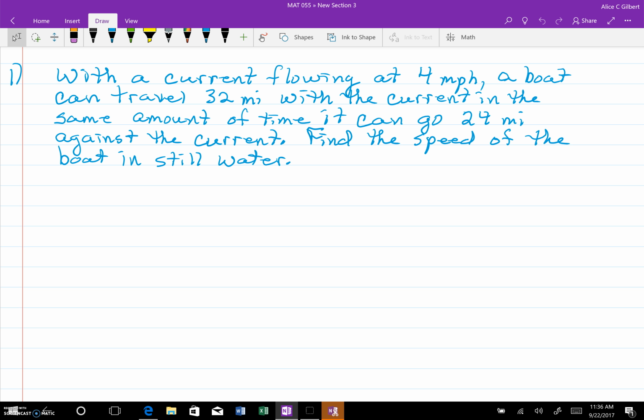Now, I only need to know that the speed of the boat in still water is because technically the current is going to affect how fast the speed of the boat is going. So I don't really need that, but they have to put it in there because it's specific to math. So I don't need that in the final answer, the still water, because there really is no such thing as still water. Think about any river you've ever seen, any ocean, even any lake.